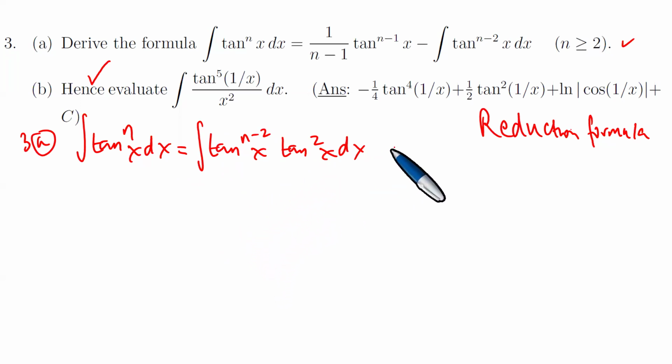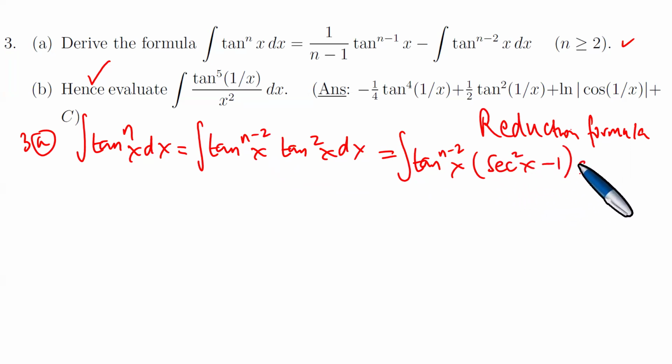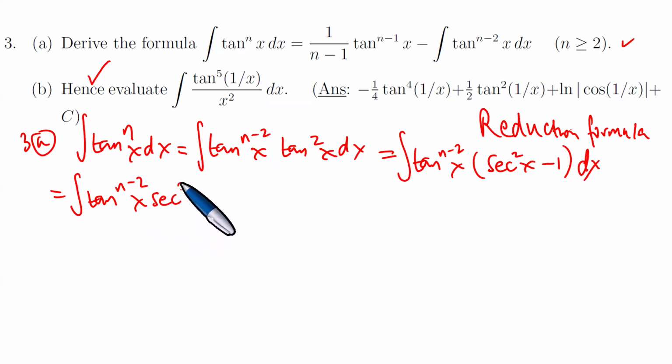Once you get to this point, you can break it down. We saw that tangent squared is secant squared minus 1, so in the end we have tangent n minus 2 x times secant squared x minus 1.